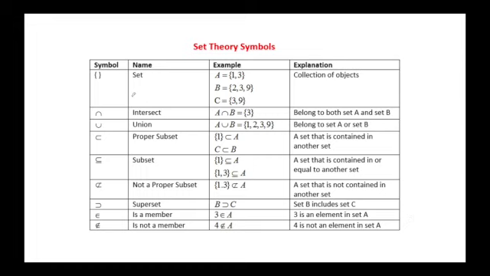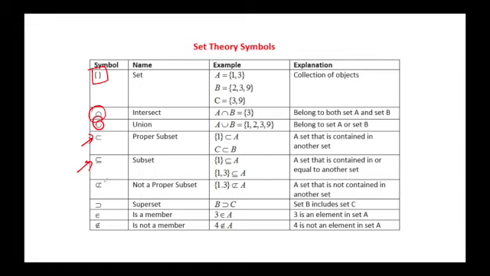All right. Now we have here some symbols, and we could see here that we used this symbol to mean the set of. This is an intersect, and we didn't really talk about intersections and unions yet. We have a proper subset and we have an improper subset. And then we have not a subset.